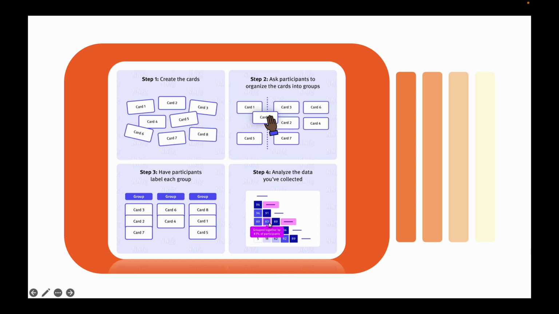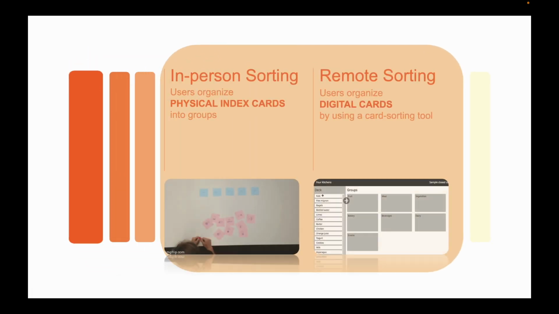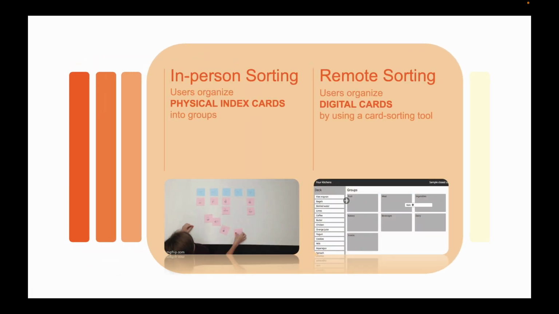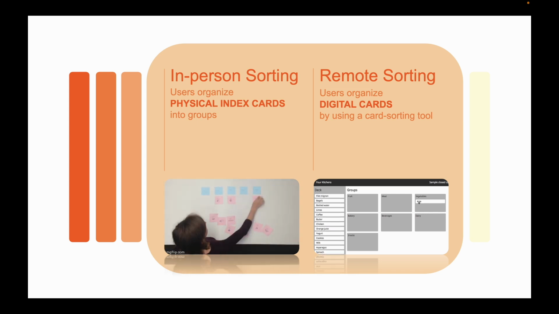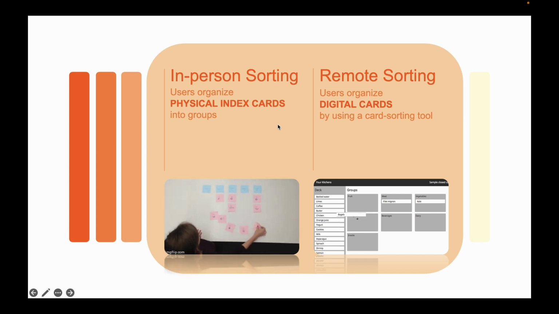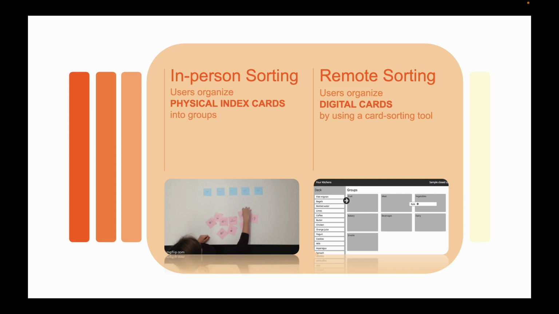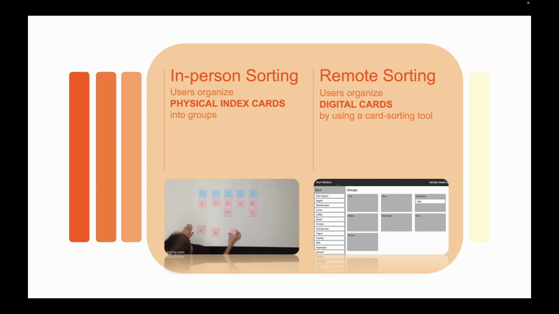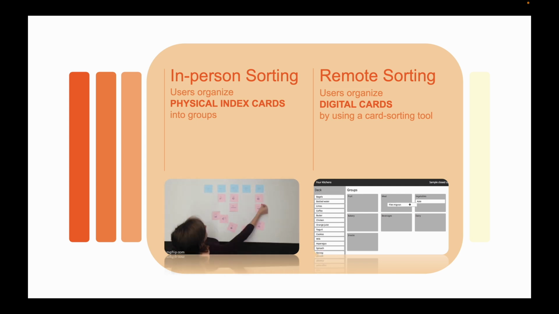But before the above steps, it's crucial to carefully think through your research aims and the type of card sort you want to do. For in-person sorting, users will organize physical cards and researchers collect data manually. That means they need to document the results of sorting and analyze them.